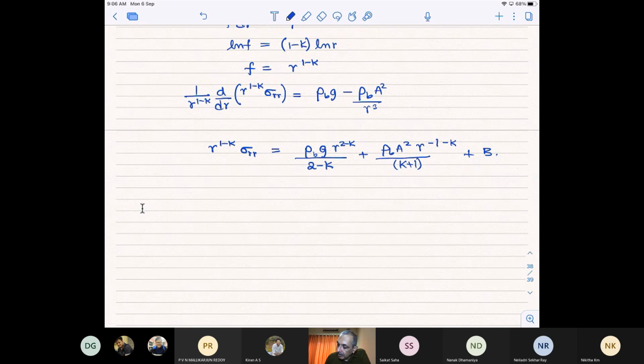So you get a simple relationship here that sigma rr is equal to rho b g into r divided by 2 minus k, plus rho b a squared into r raised to the power of minus 2 (when you take this on the other side) divided by k plus 1, and then finally b divided by r raised to the power of 1 minus k.